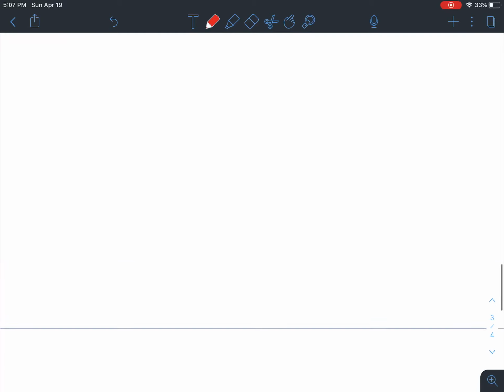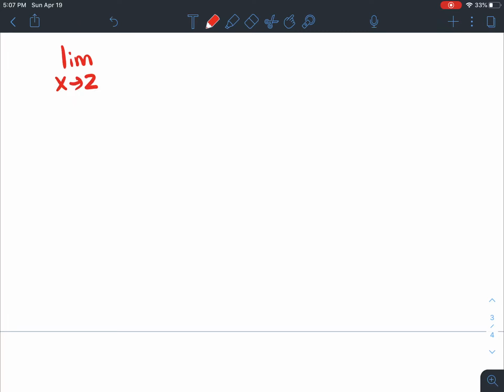Let me show you one more thing, because there are times when you can use limit properties, but it still doesn't help you. Let's take the limit as x approaches 2 of 5x over x minus 2. Regardless of what properties you use, like taking the limit of the top and bottom, this limit is not going to exist.